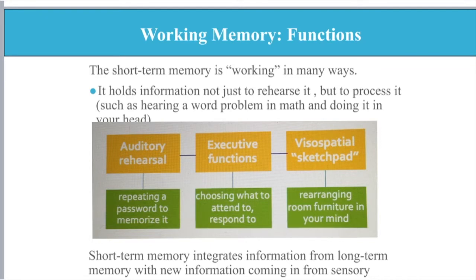These are the things that are going to help us encode things into our short-term memory, right? We might want to repeat a word, memorize it, choose what to attend or respond to, rearranging furniture in your mind, right? All of this is telling us what the function of our short-term memory really is.